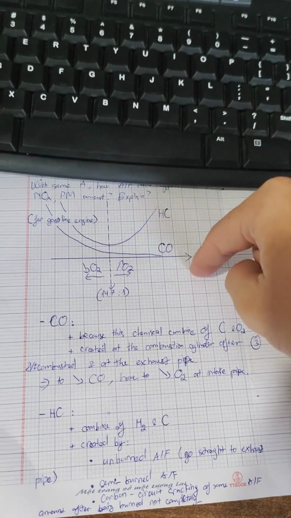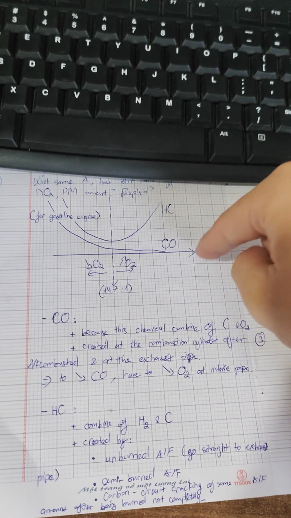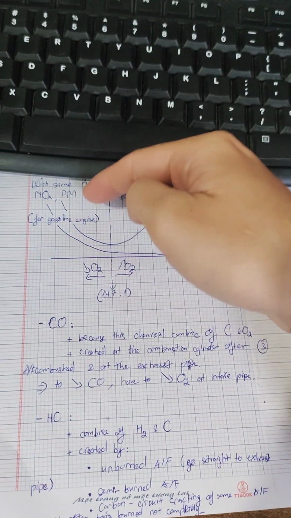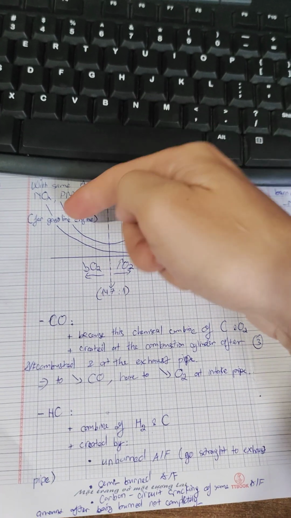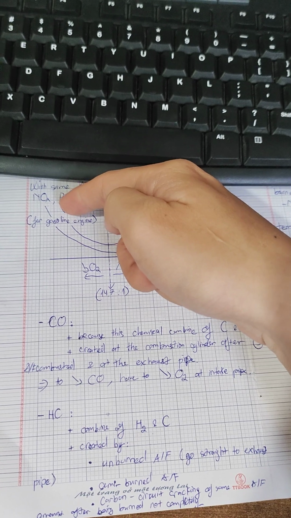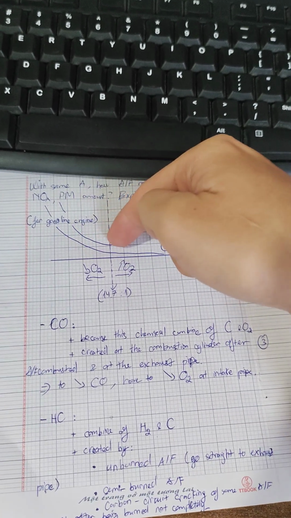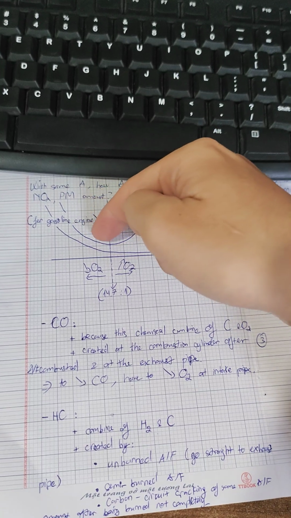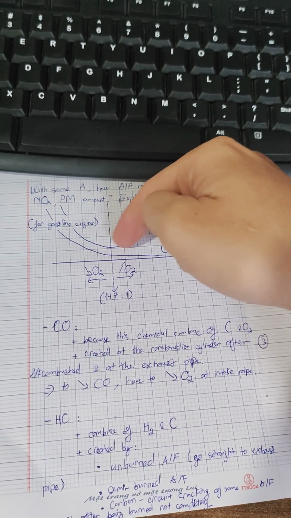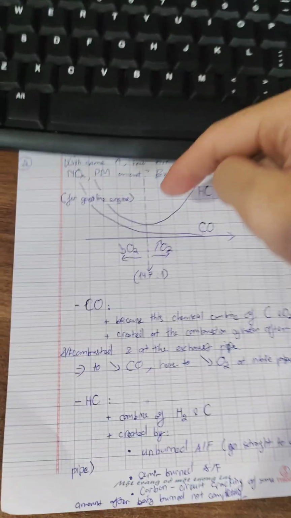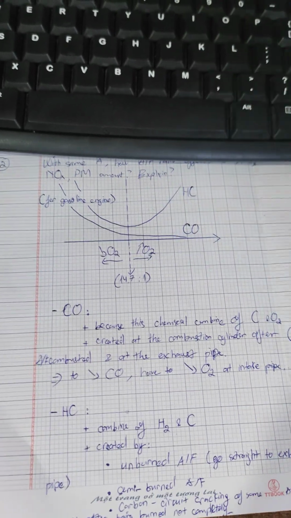To the right means lean mixture. To the left is rich mixture. So the HC line is largest here and it goes down somewhere in the middle of the air-fuel ratio, and then it goes up.